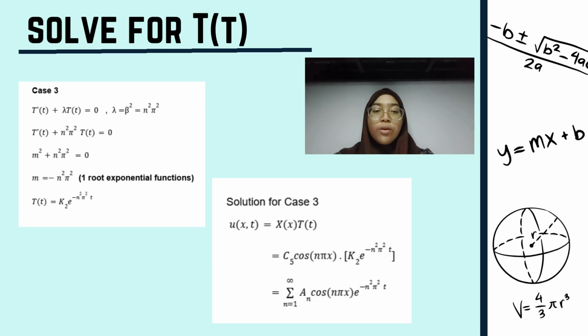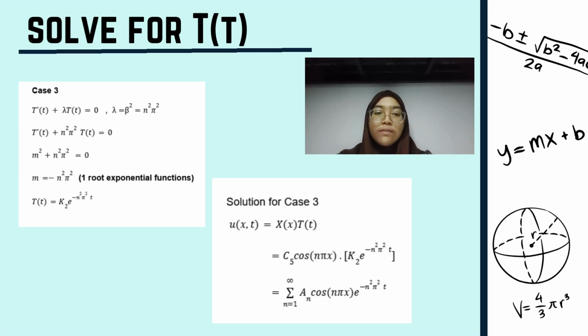Okay, next, for case 3, we will use lambda equal to beta squared. As we know from previously, in solving X(x), we obtained that the value of beta is n pi. So we will substitute n pi into beta squared, and we will obtain n squared pi squared.